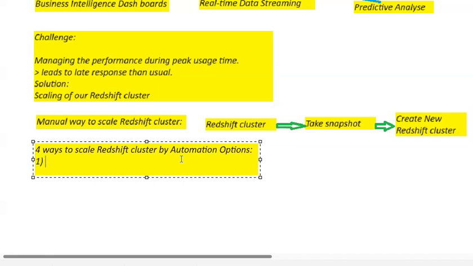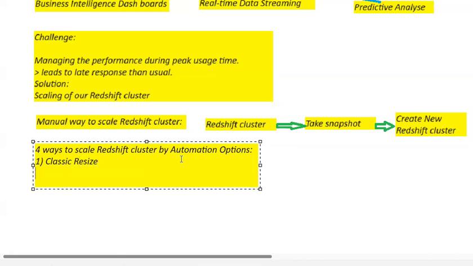The first way is classic resize. Don't worry, I'll explain one by one. You just need to know what the possible scalings are, then I'll introduce you one by one. The first one is classic resize.